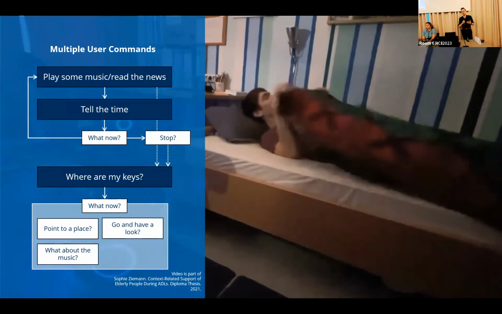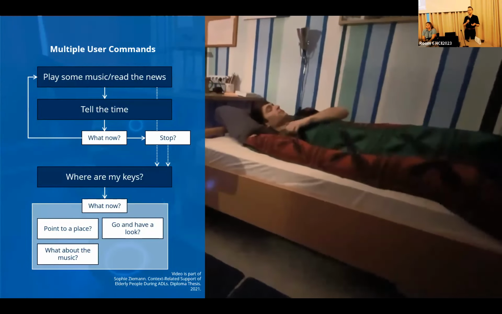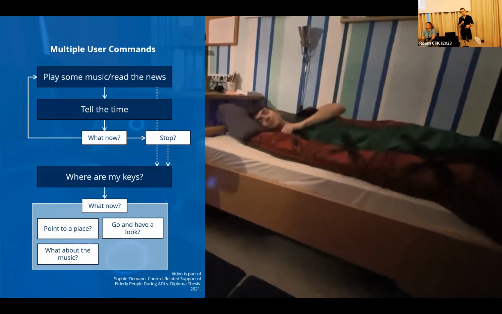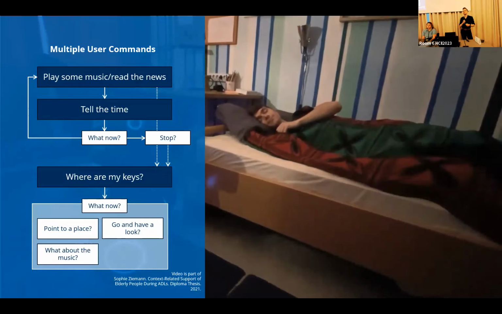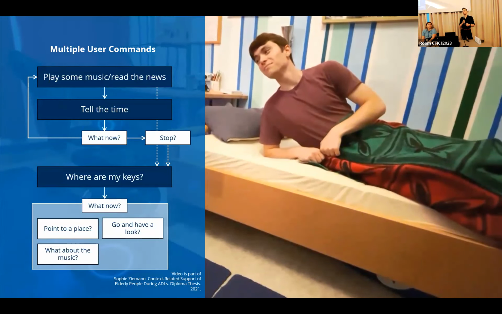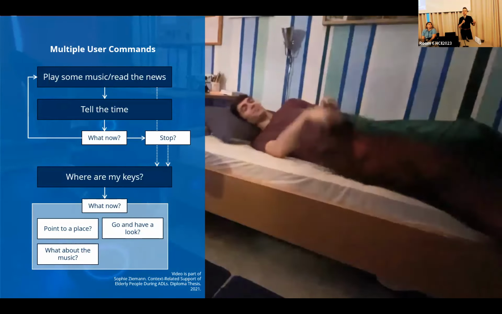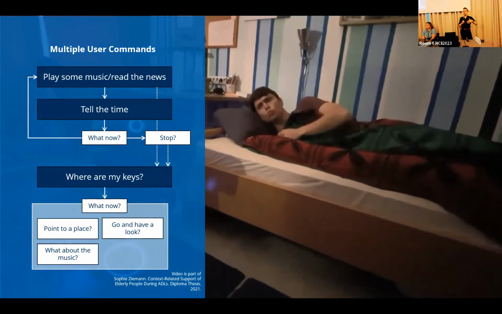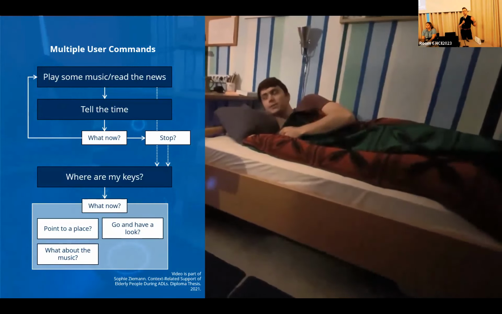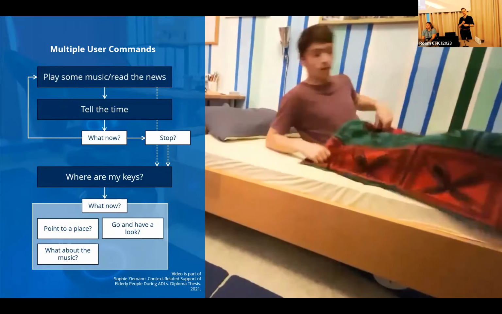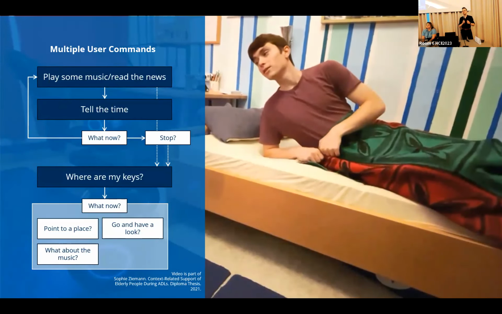And it goes even further. When you ask the robot, for example, where are my keys, you have not clearly stated what kind of activity you would expect from the robot. Should the robot just tell you where it thinks your keys are, or should it guide you to the place where the keys are expected, or should the robot help you actually find them? That's not pretty clear.